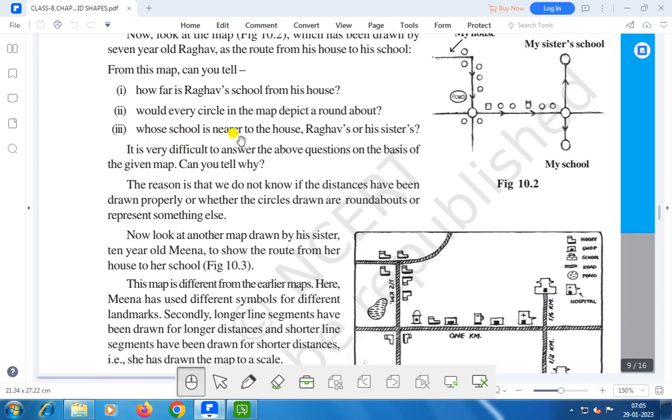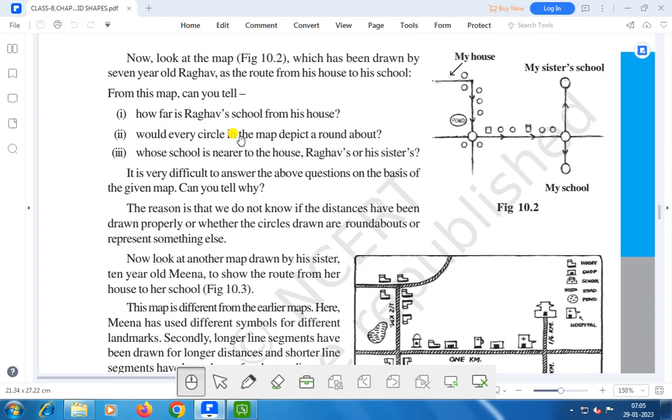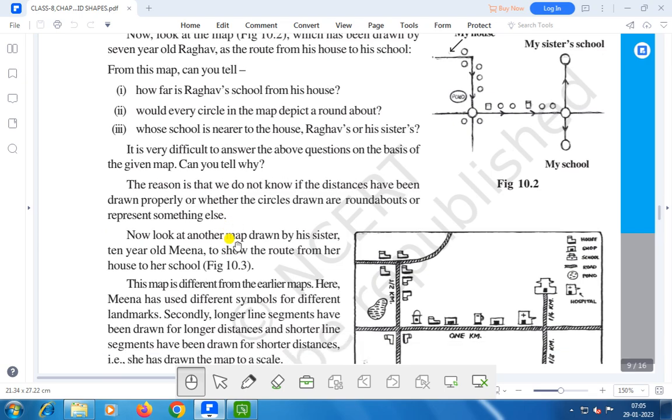Whose school is nearer to the house, Raghav's or his sister's? It is very difficult to answer the above questions on the basis of the given map. Can you tell why? The reason is that we do not know if the distances have been drawn properly or whether the circles drawn are roundabouts or represent something else.